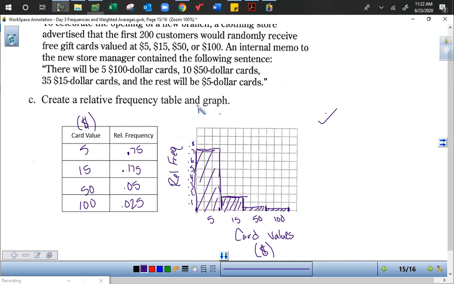So distribution of, and then we'll talk about the two things it's measuring. It's measuring the relative frequency of our different card values. So distribution of relative frequencies.